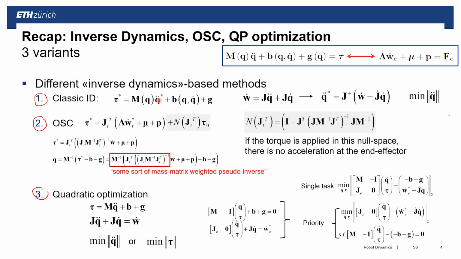That's the approach here. So we are setting up the N tasks for describing this end effector motion. We're converting this into the joint space acceleration, and then we're doing inverse joint space dynamics.